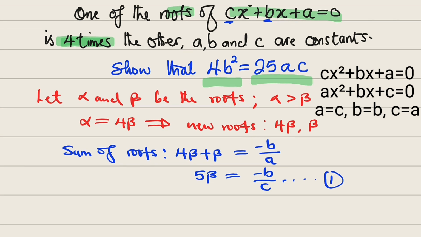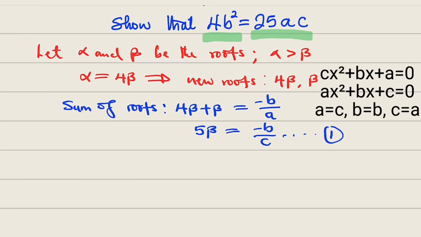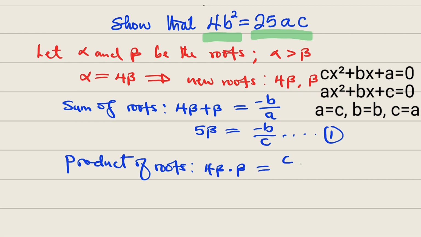So now let us move to the other equation. We need to find the product as well. So the product of roots, we have 4 beta multiplied by beta, and you know from the equation it can be obtained by taking the constant divided by the leading coefficient. Let's simplify this.